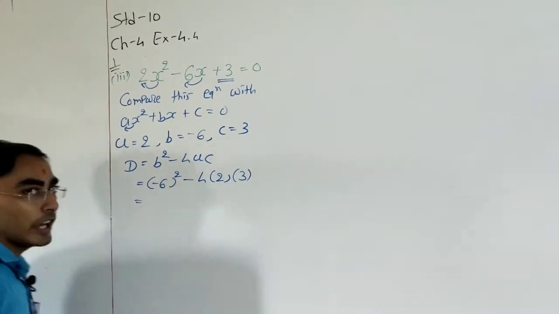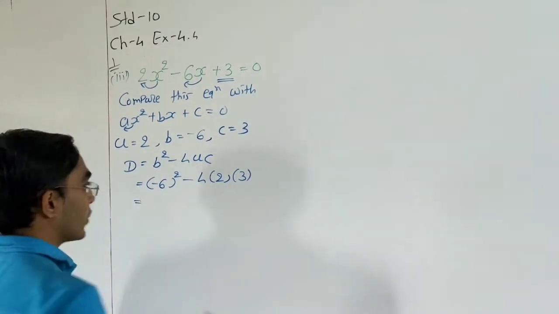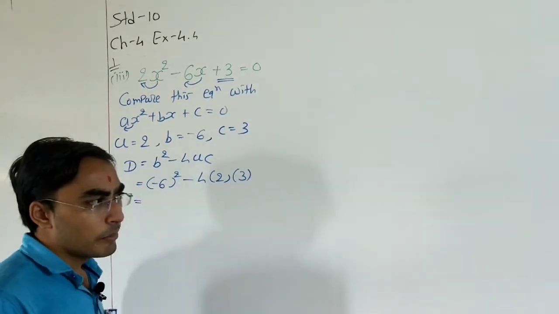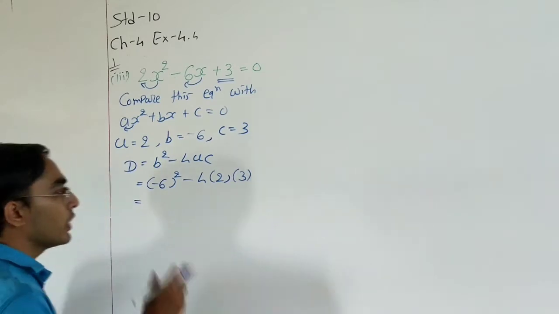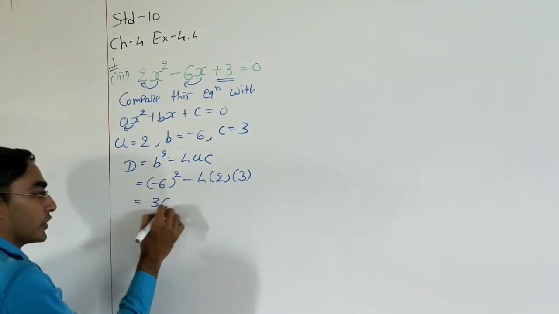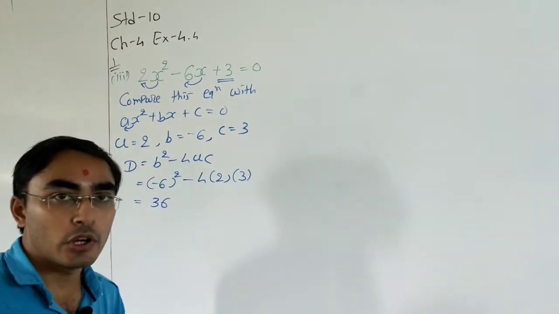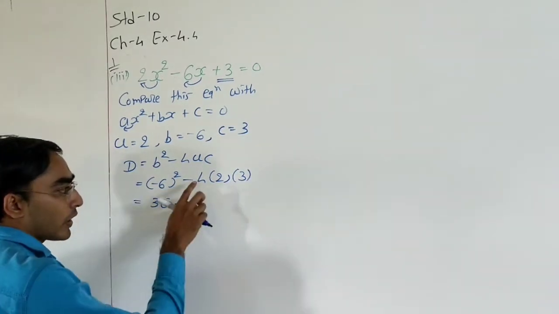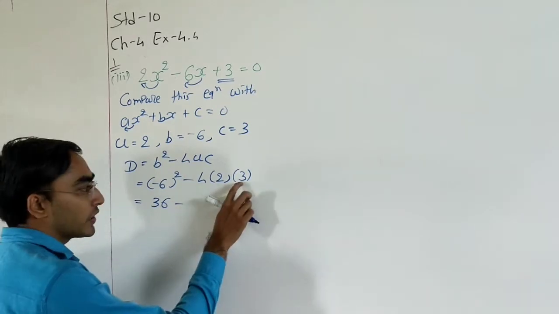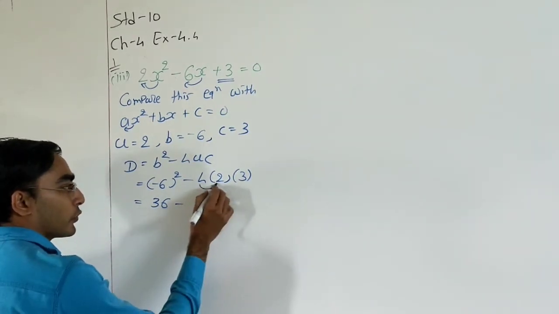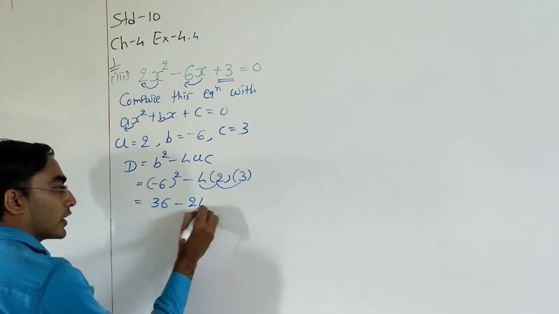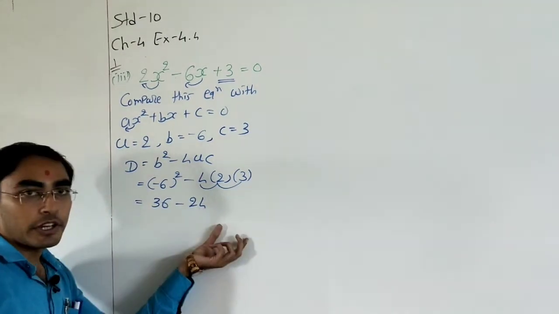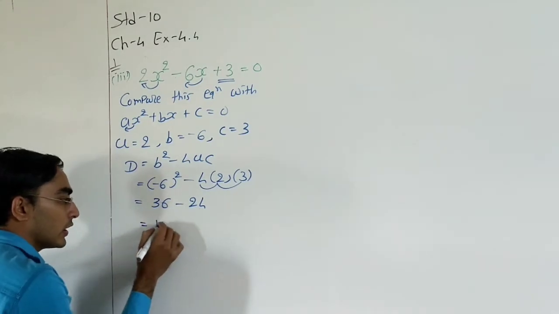Now this negative number becomes positive in square. So minus 6 all square: minus square becomes positive and 6 square is 36. So minus 6 all square is plus 36. Then minus 4 twos are 8, 8 threes are 24. So here 36 minus 24 is 12.